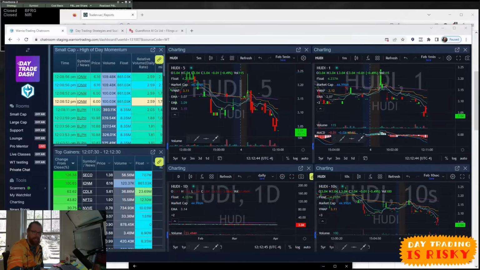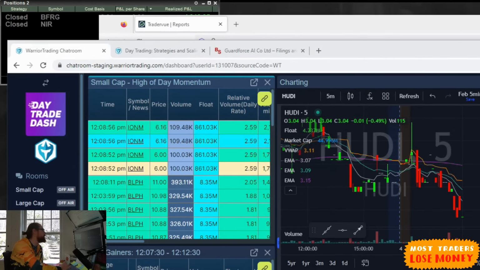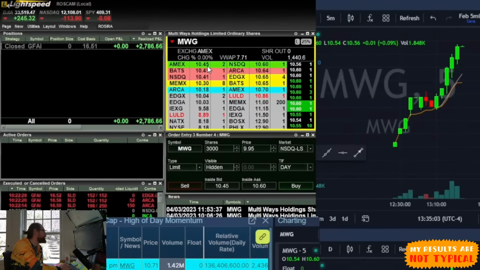The spreads did start to get a little bit bigger on this one. Where was it? Right down here. So you start to get these bigger spreads on the level 2, 1045 by 1060. That creates more risk. It's a little harder to manage risk. So that can be a little bit of a problem.